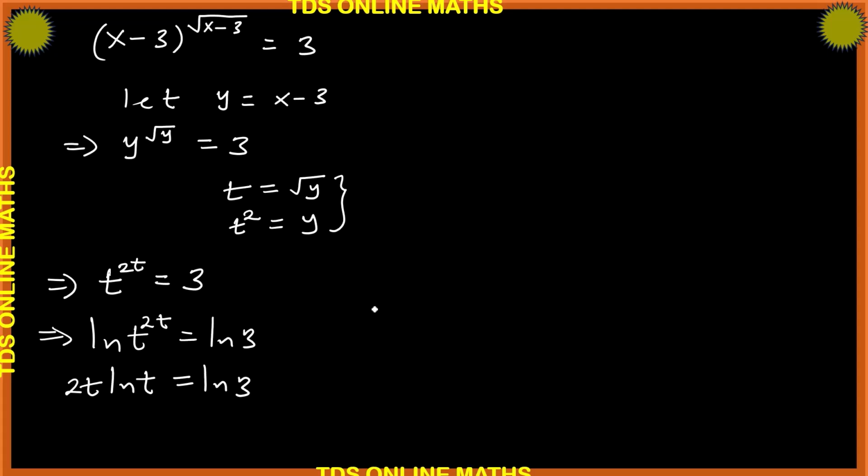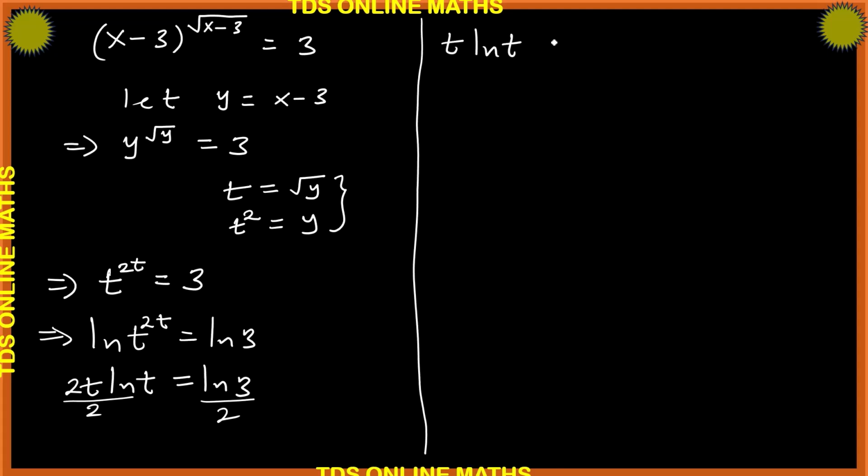Now let's remove the 2 here by dividing both sides by 2. So it will be t ln of t equals natural log of 3 over 2.